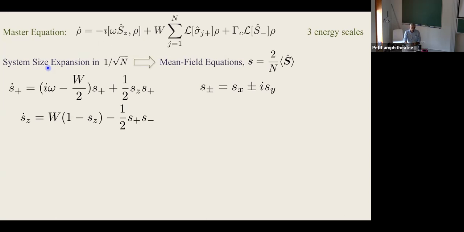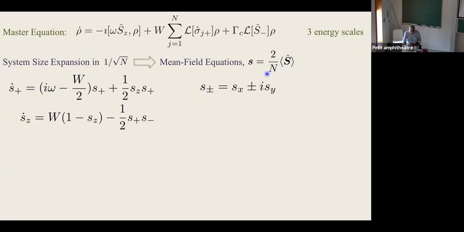And to the leading order, we get these two equations, which you can also get just by a straightforward mean field. These are equations for a single classical spin, which is a normalized average of our quantum spin.